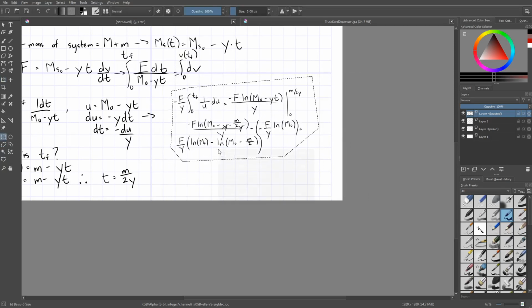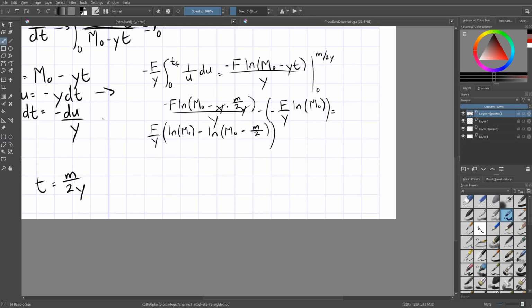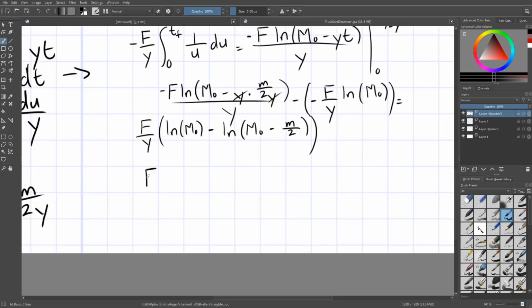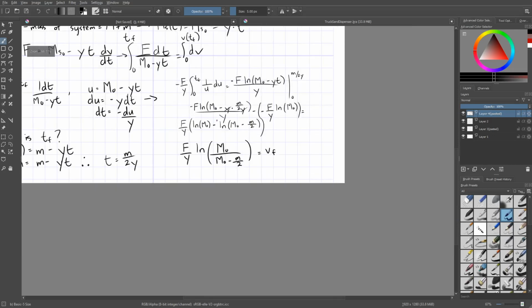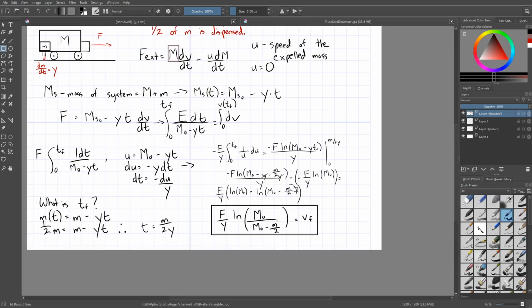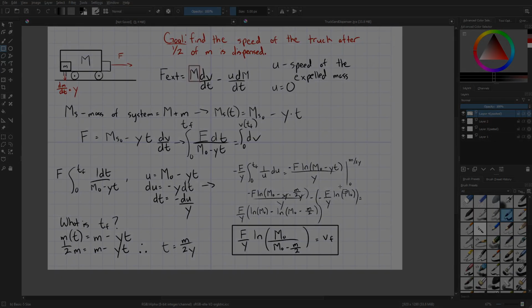Just based on using rules with natural logs, we can write this as F over gamma times the natural log of m naught over m naught minus m over 2. And this is what our final velocity is going to be equal to. And with that, thanks for watching.